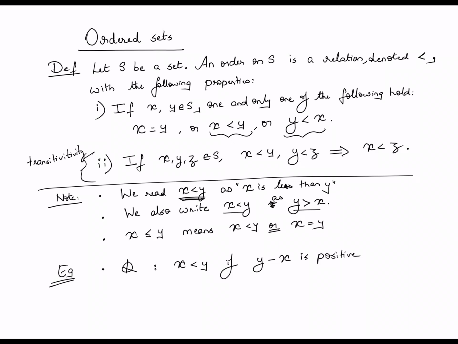Actually, I haven't mentioned this explicitly. Maybe I'll just do that here. So by definition, an ordered set is a set with an order defined on it.